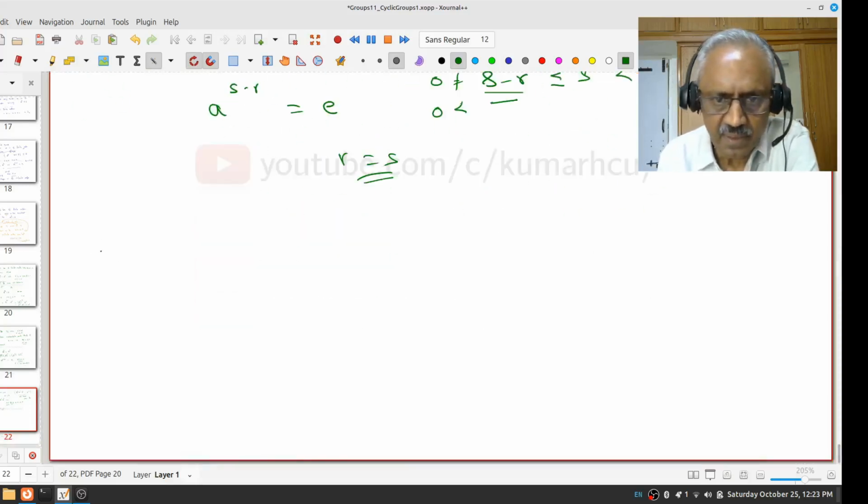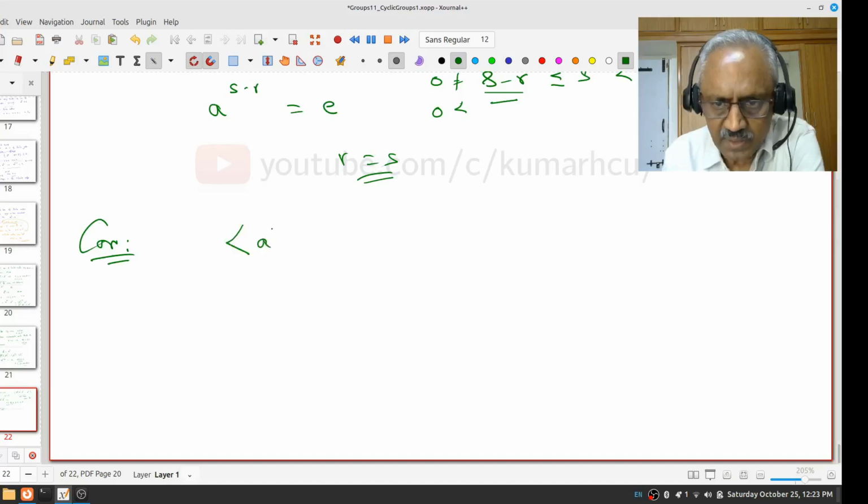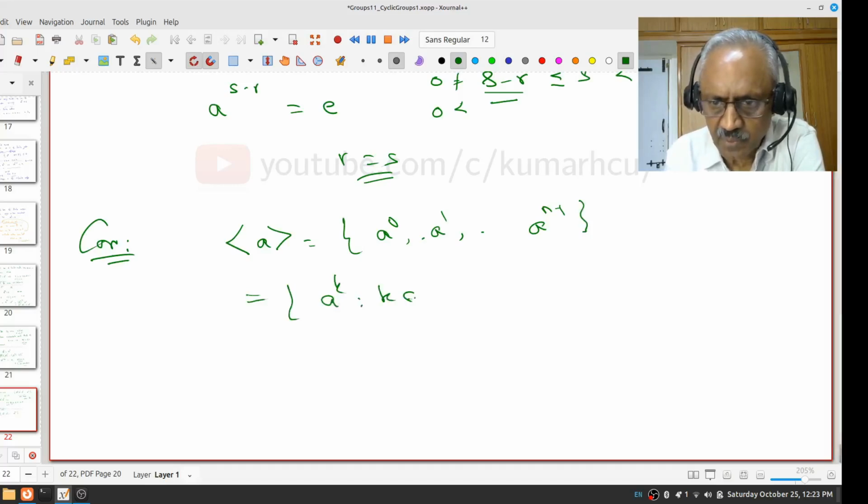Now, as an immediate corollary, you see that what is this? This is just a to the power 0, a to the power 1, up to a to the power n minus 1, because this is a to the power k, k varying over integers.